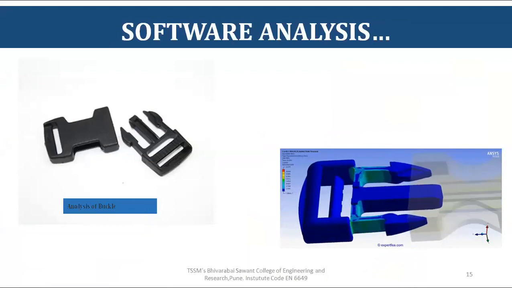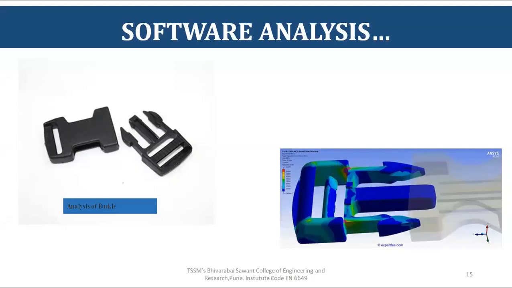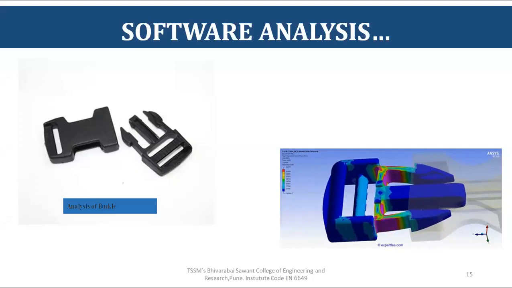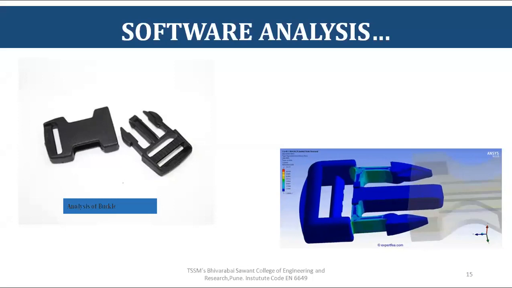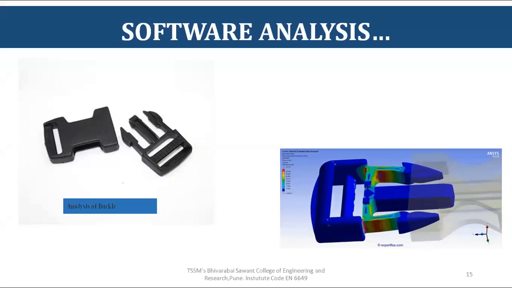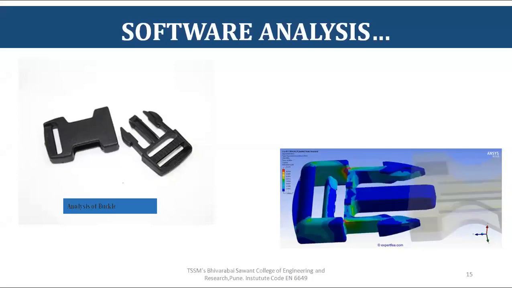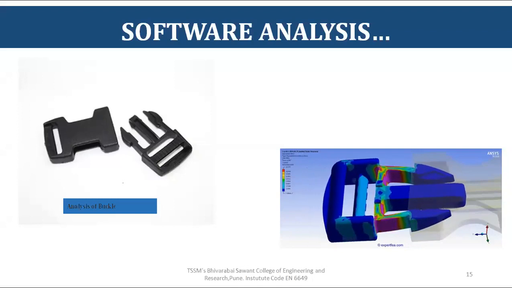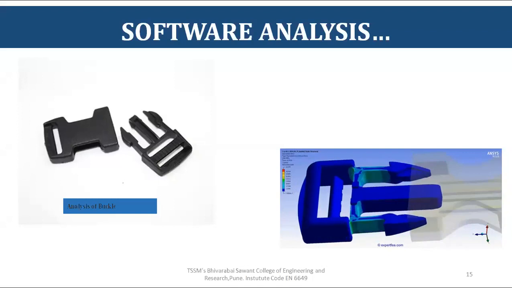It is used to conduct various analyses on the object like structural analysis, fluid analysis, thermal analysis, in order to find the maximum load carrying capacity or maximum temperature carrying capacity of that particular object. In the example of this buckle, we are trying to find the stress concentration of that buckle, where the maximum stress is coming, with the help of color observation.